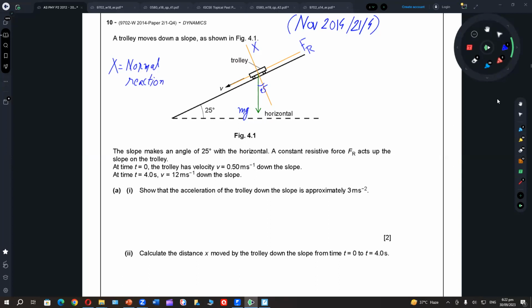So the acceleration of the trolley down the slope is approximately 3. So we have two velocities, and we have the time also. The first part we can do by basic mathematics using the formula of acceleration.